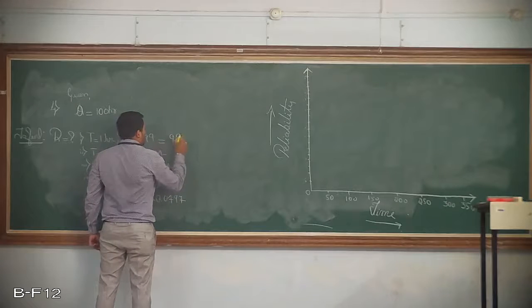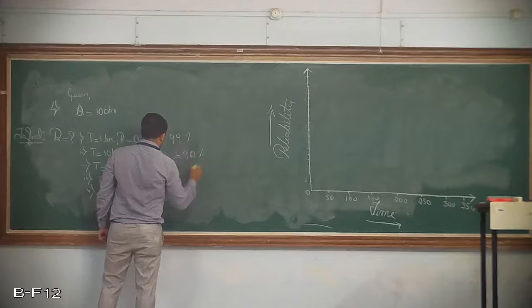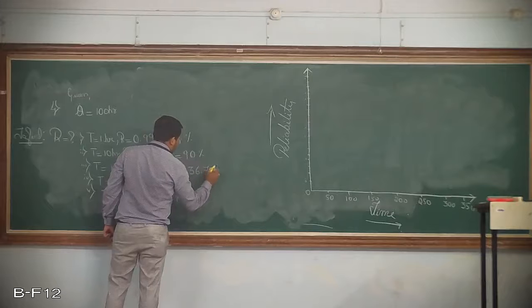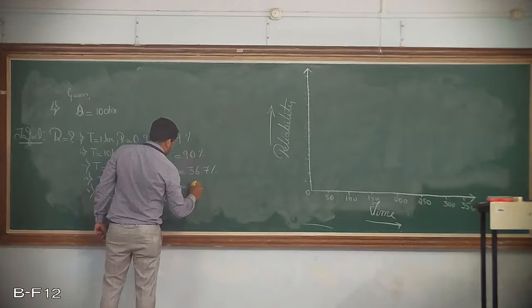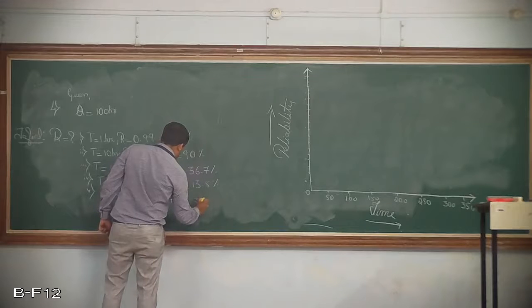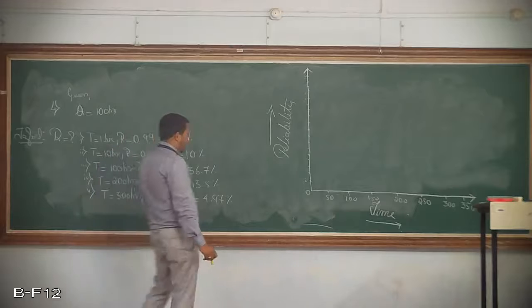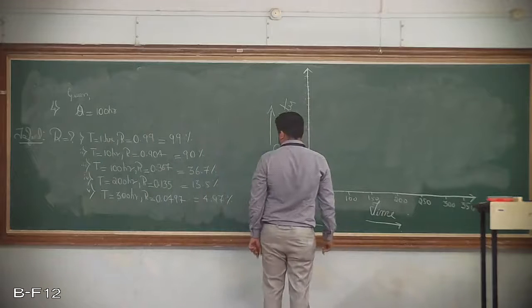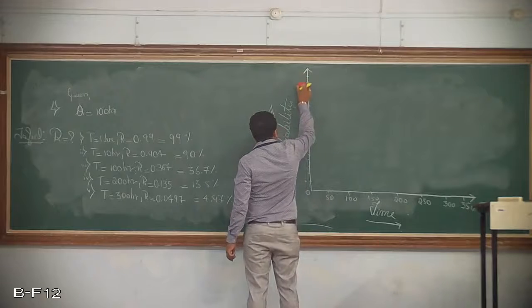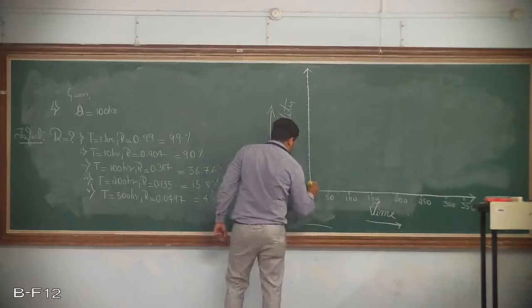That will be good. It's 99%, it's 90%, that is 36.7%, and it is 13.5%, and it is 4.97%. So yes, you can write it clearly then.